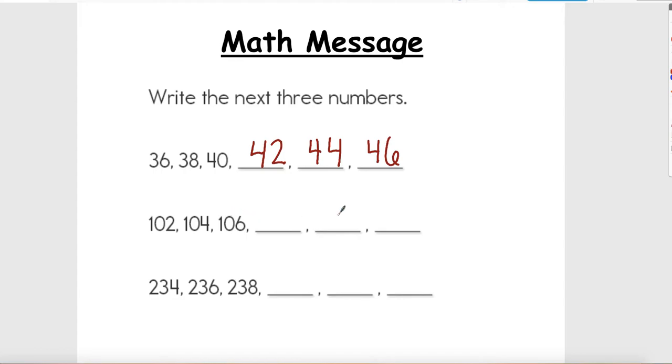Hold it up in the air. Logan, what should you be doing with your dry erase board? Write the next 3 numbers on your dry erase board. Hold it up in the air. 102, 104, 106. Calling on my Zoom friends here, see if they can come in yet. Not yet.